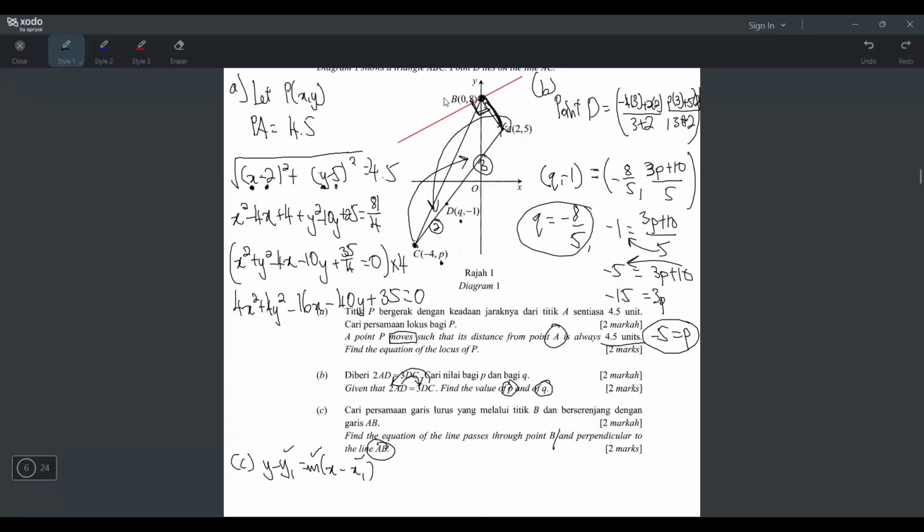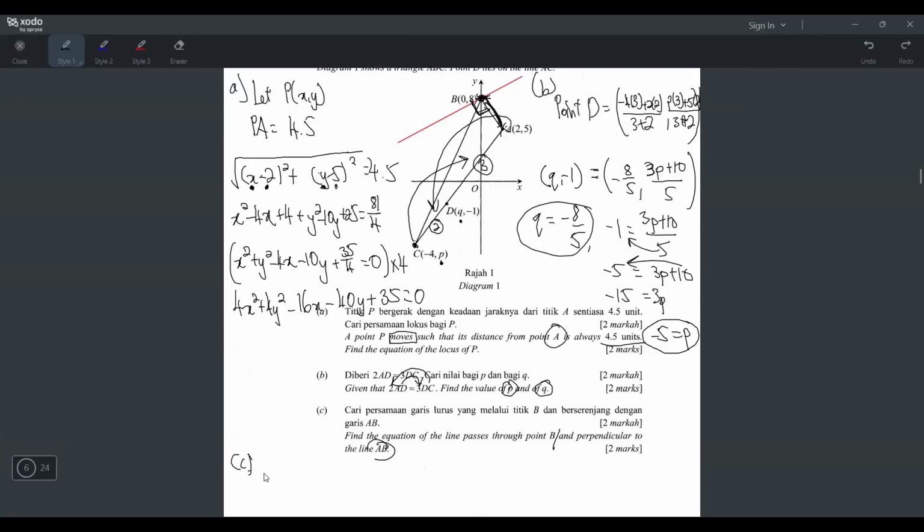And coincidentally 0, 8 is already the y-intercept, because you can see that for 0, 8, the x coordinate is 0. It means 8 is actually the y-intercept. So actually, we don't have to use this formula. You can use it if you want, but actually, you can go straight away, because you already know the y-intercept is 8, right? So you can straight away do y equals mx plus c. But first you need to find the gradient. Okay, how to find the gradient?